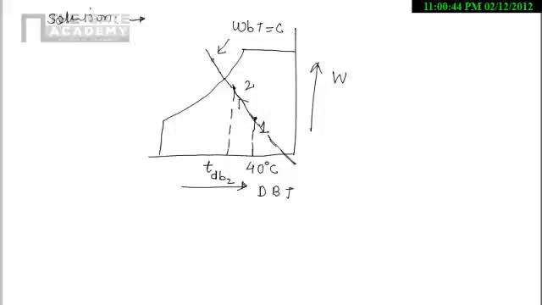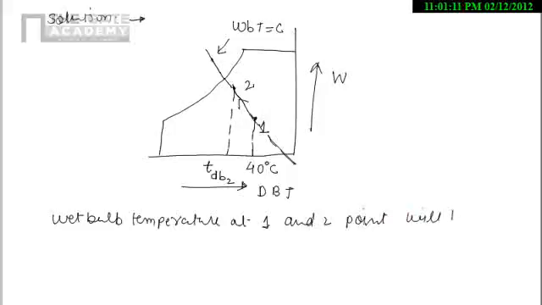But 1 to 2 is a constant wet bulb process, so at 2 the wet bulb temperature is 20 degrees, and at 1 also it is 20 degrees. So the wet bulb temperature at points 1 and 2 will be the same, that is 20 degrees centigrade.